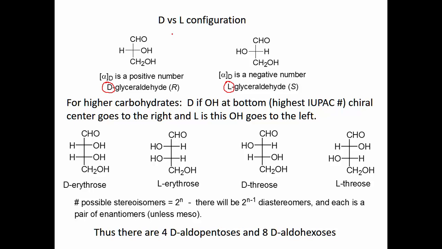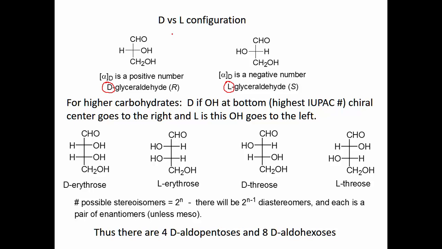It turns out that it's a wonderful coincidence that almost all of the D sugars do have a positive specific rotation, but it's important to remember that this is a structural feature. It's not a specific rotation feature. It is a wonderful coincidence that in most cases it is this way, but the capital D versus L is a structural term.